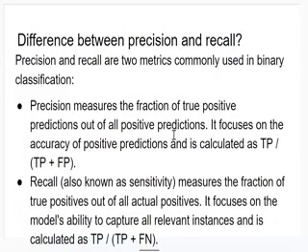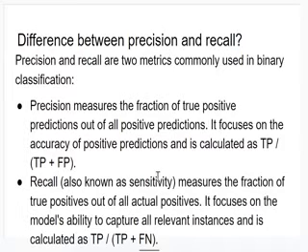And recall is also known as sensitivity, and it measures the fraction of true positives out of all actual positives. That's the difference. One is the fraction of true positives out of all actual positives, that is the recall, and the precision is the fraction of true positive predictions out of all positive predictions.